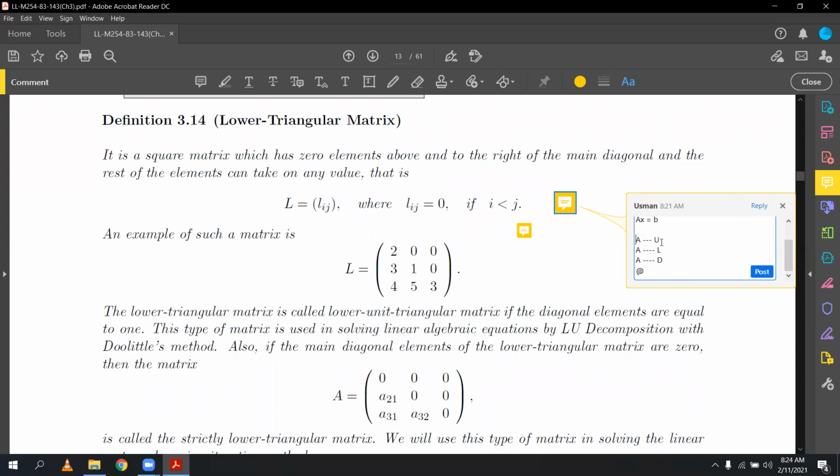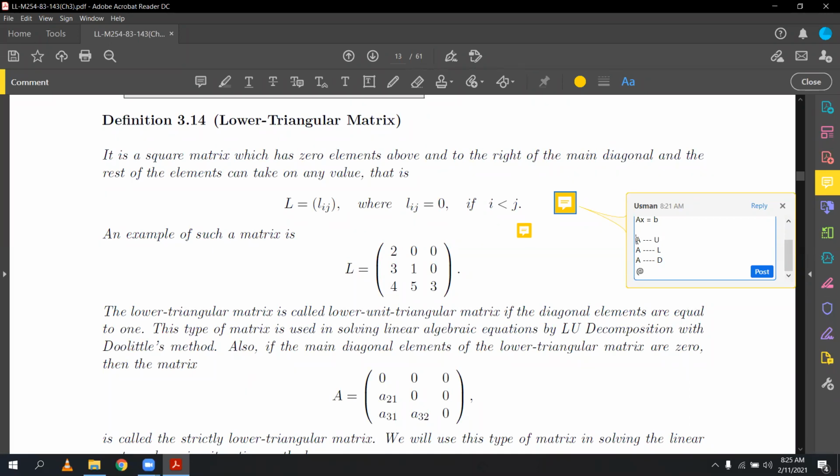If all are non-zero, it means your original A is what? Non-singular. That's the thing we have to do here now, please.